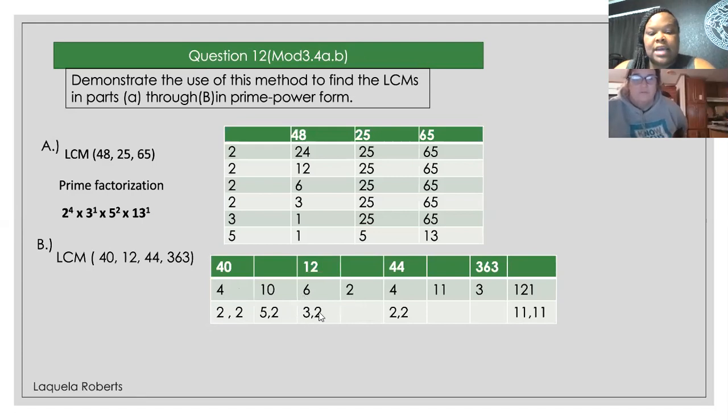So you bring 6 down, that's 2 times 3. 44 divided by 4 gives us 11. You bring 4 down, it's 2 and 2. 363 divided by 3 gives us 121. So 121 is 11 times 11. Our prime factorization is 2 to the 3rd times 3 to the 1st times 5 to the 1st times 11 to the 2nd.